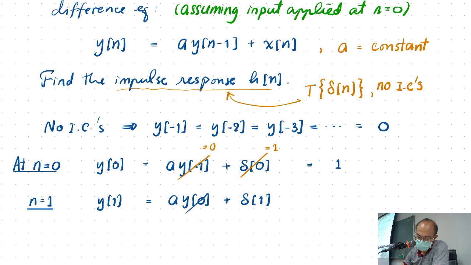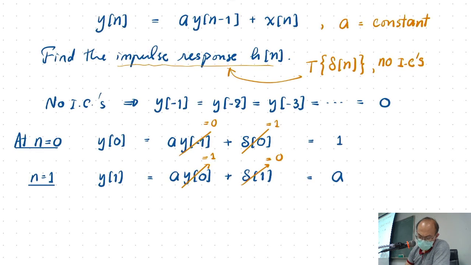And what is delta at 1? The unit sample has a value only at n equal to 0. For the rest, the value of delta would be 0. This is 0 by the definition of delta. So when you add them up, you're going to get a.